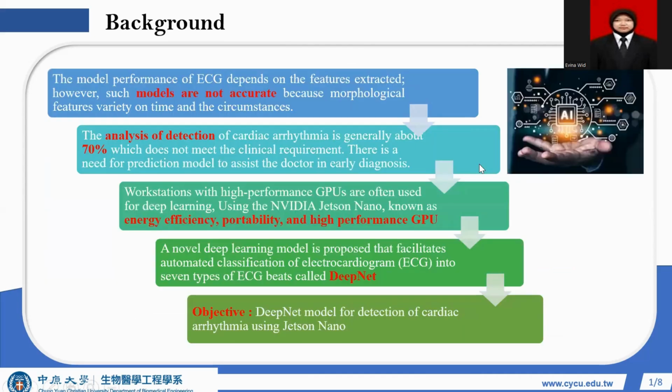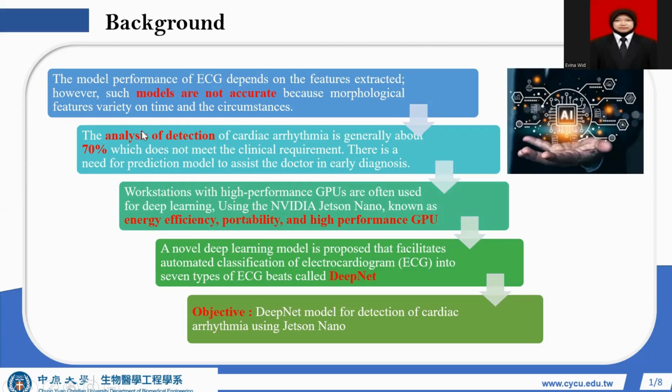Next, the background: the model performance of ECG depends on the feature extraction. However, such models are not accurate because of morphological feature variety over time and circumstances.